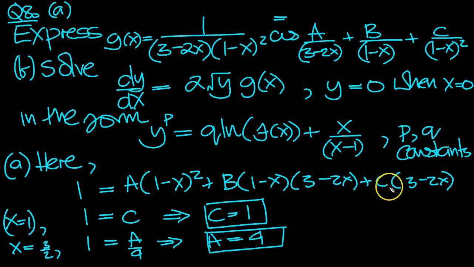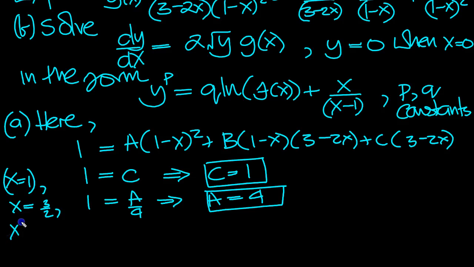Now, if we equate x squareds, there'll be no C term, will there? We can get B then. So we're equating x squareds, both sides. None here is equal to, and this is an x squared when you expand this bracket, so it's A lots of x squareds. And here we're going to have 2x squareds times B, which is 2B x squareds. So that's 2B. There's no x squareds here.